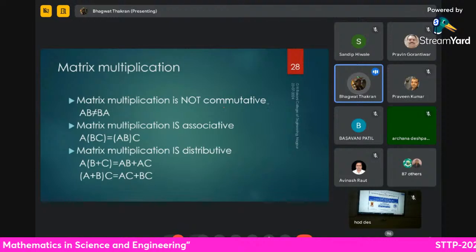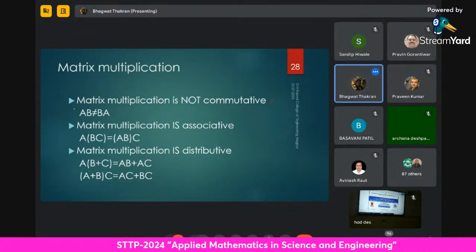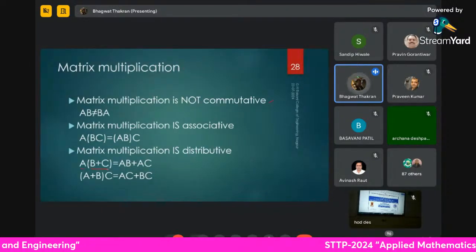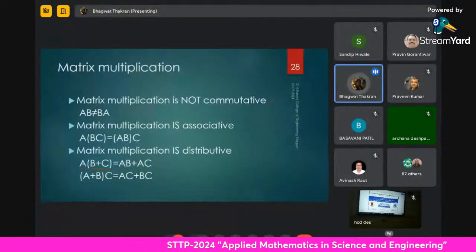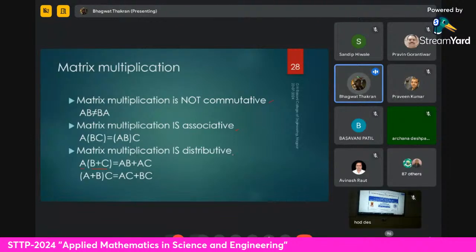Matrix multiplication is not commutative. So matrix multiplication holds these two properties, associative and distributive, which is a very good part. But yes, it is not commutative.